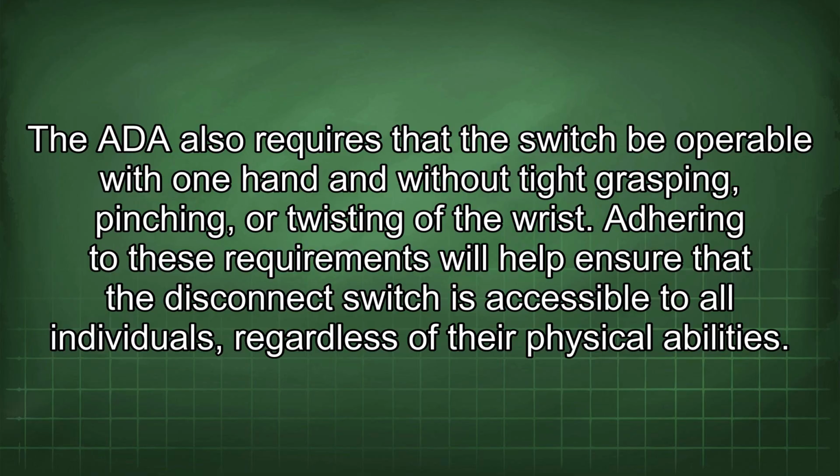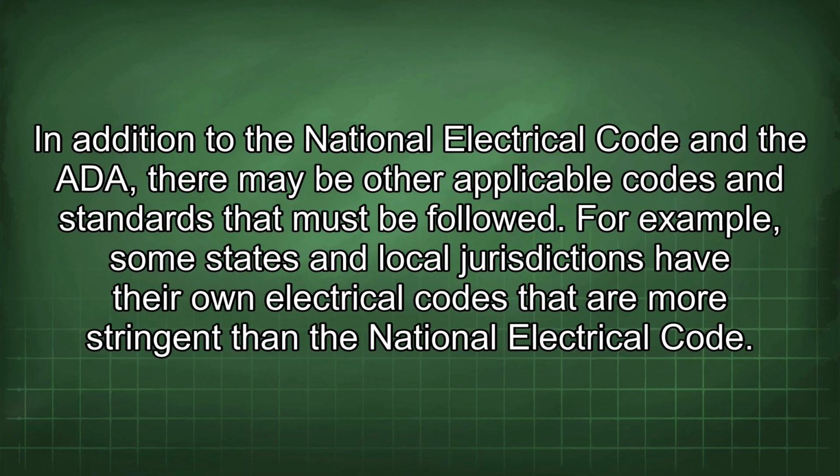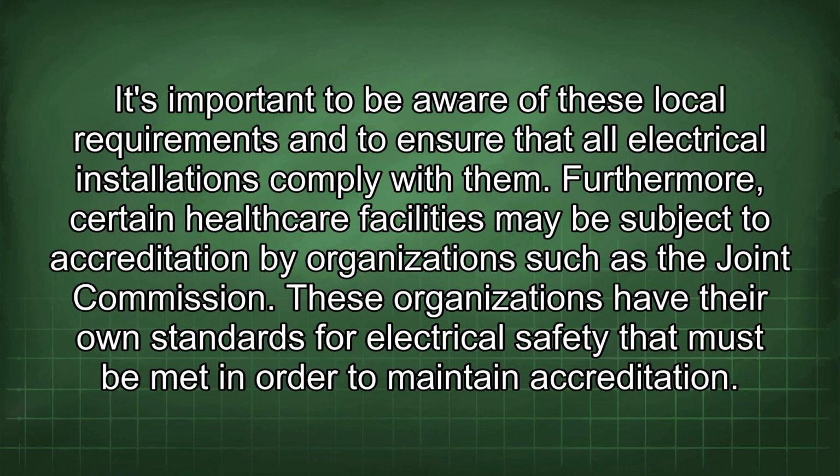In addition to the National Electrical Code and the ADA, there may be other applicable codes and standards that must be followed. For example, some states and local jurisdictions have their own electrical codes that are more stringent than the National Electrical Code. It's important to be aware of these local requirements and to ensure that all electrical installations comply with them.